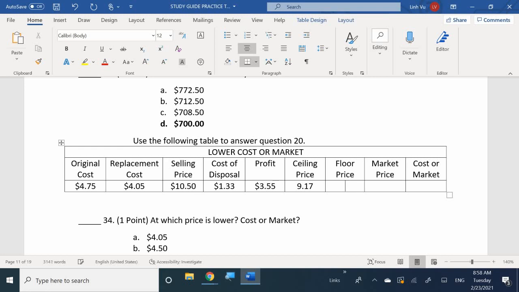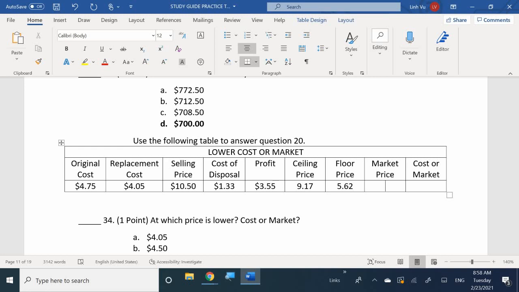Okay, I don't think it's 6, because you have 55 cents. 5.62. Yeah, 5.62. Okay. All right, so now that we have our 3 numbers.